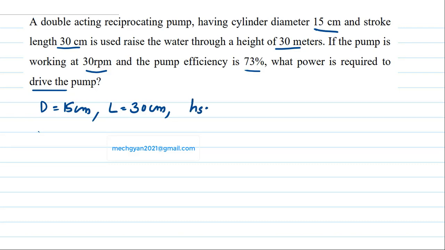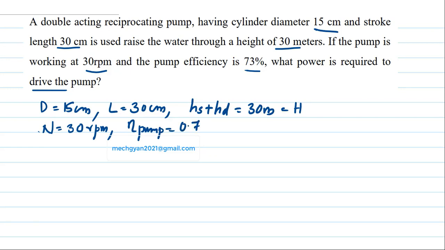So we have HS plus HD equal to 30 meter, which is equal to H. The pump is working at 30 rpm, so N is 30 rpm, and efficiency of the pump equal to 73% or 0.73. What is the power?